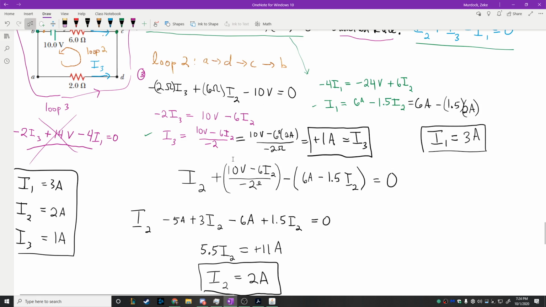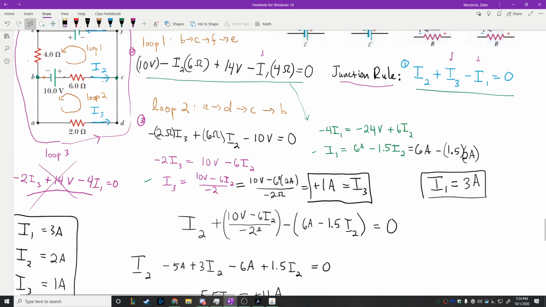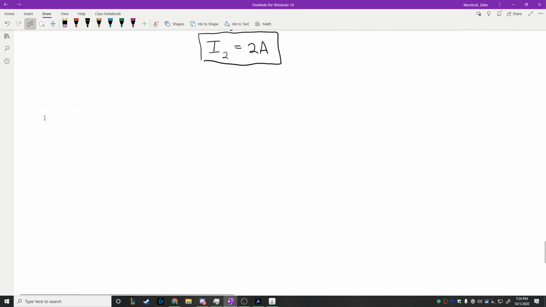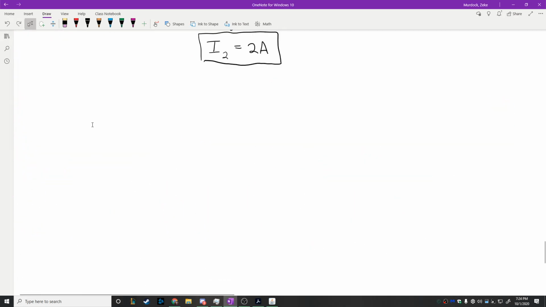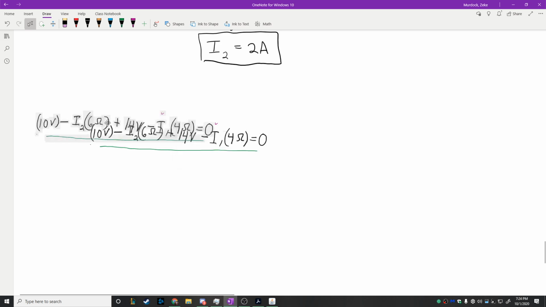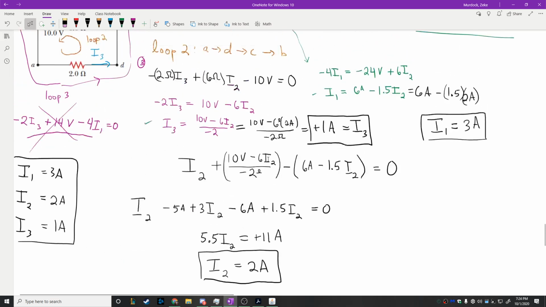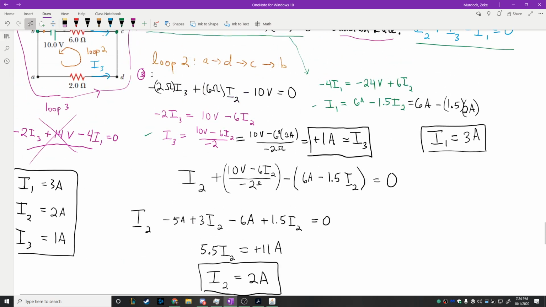For this, I'm just going to grab our equations and rewrite them a little bit lower here. So this was one of our loop equations. That's one equation. This is another equation.